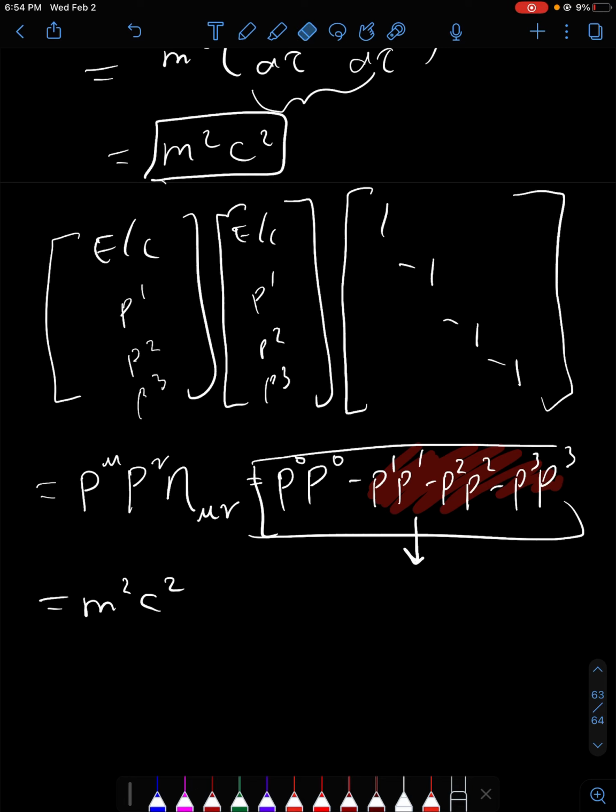To be a bit more exact, let's define p squared as being p1 squared plus p2 squared plus p3 squared.